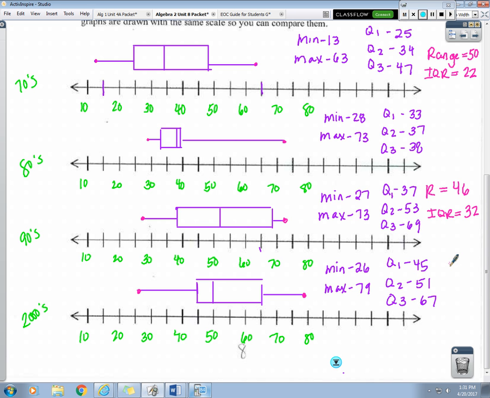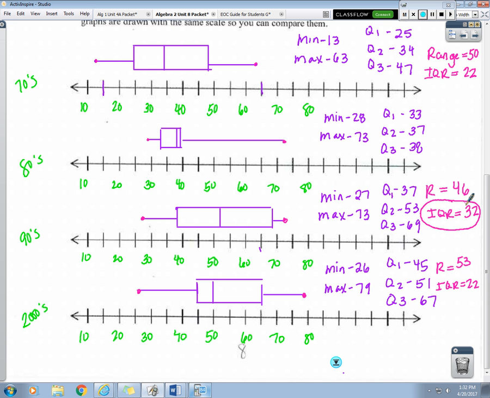Okay, and then for the 2000s, what is the range? Shh, be quiet. What is it? And the interquartile range? Okay, so this one had the largest interquartile range.